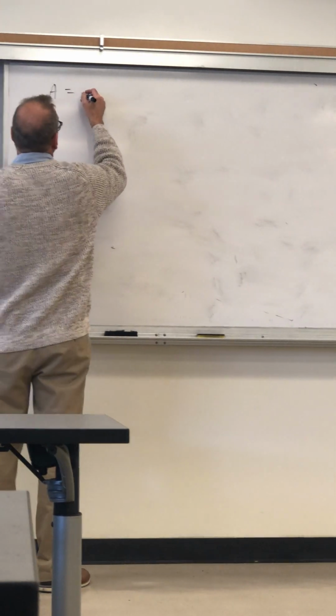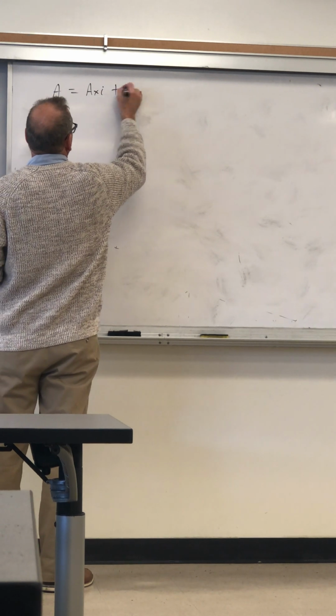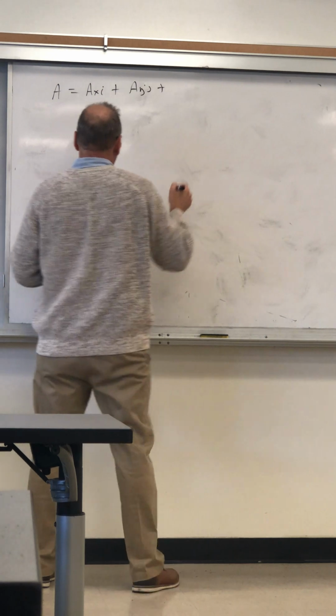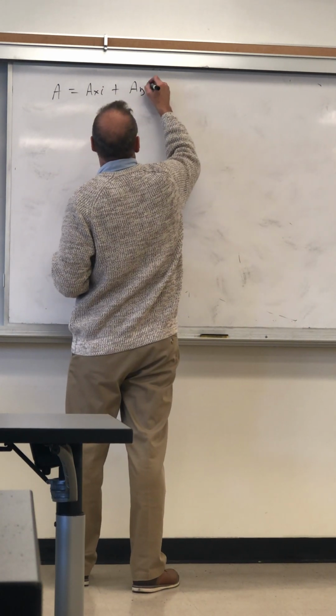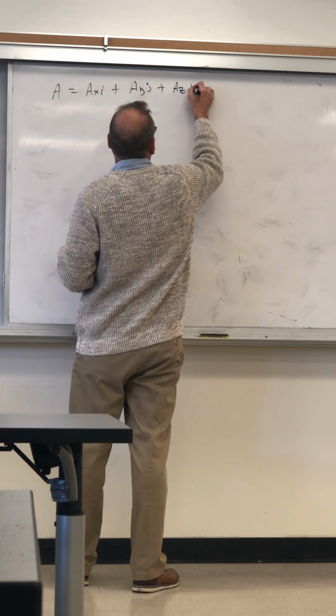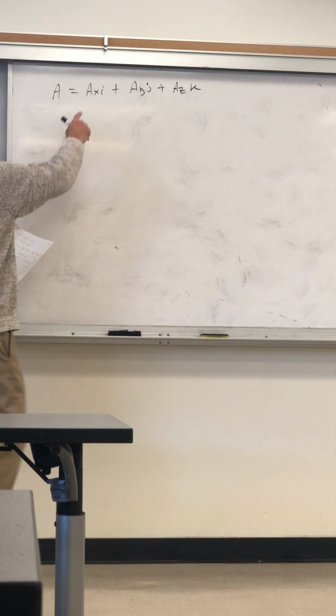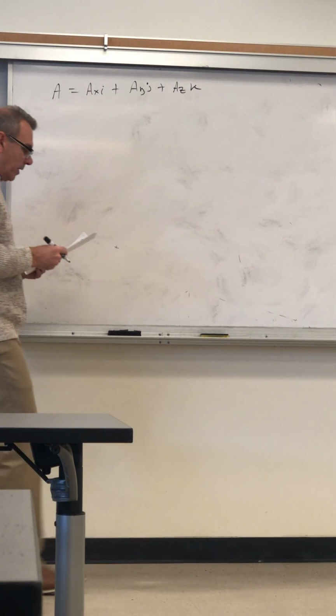Vector A is AX I plus AY J plus AZ K. Those are the three components, and in the X, Y, and Z directions, the I, J, and K are vectors. So A is a vector, but the individual values AX, AY, and AZ are not vectors.